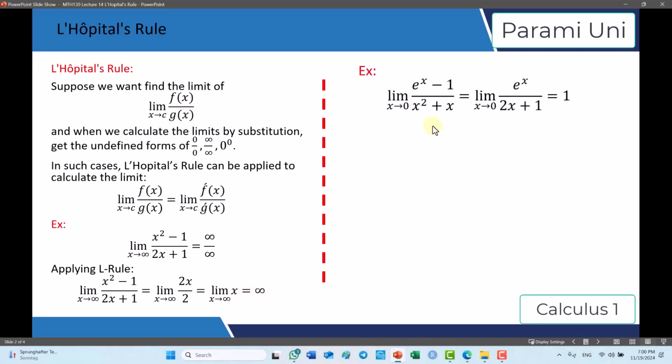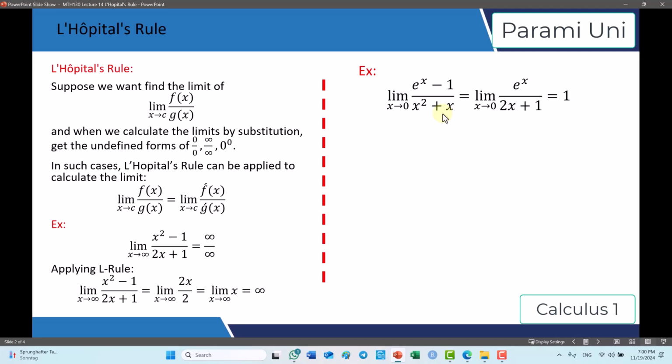Next, take the example of e to the power of x minus 1 divided by x squared plus x as x approaches 0. If you substitute 0, you get e to the power 0, which is 1, 1 minus 1 is 0, and 0 squared plus 0 is 0, and you get an undefined form of 0 over 0.